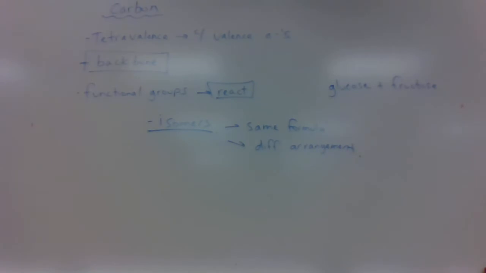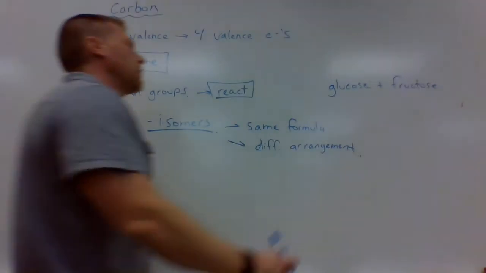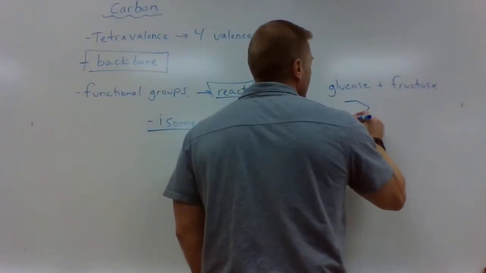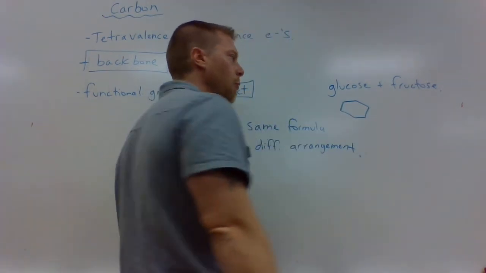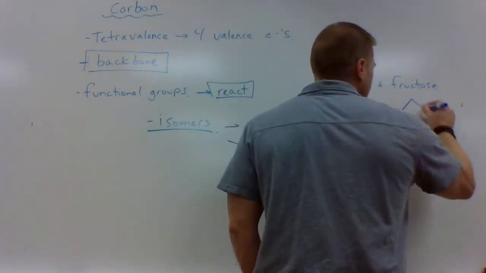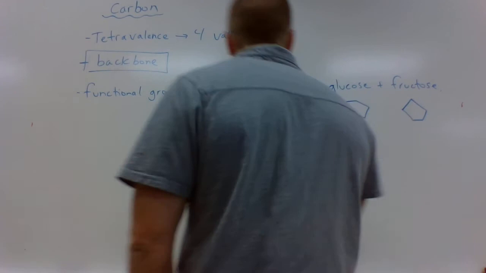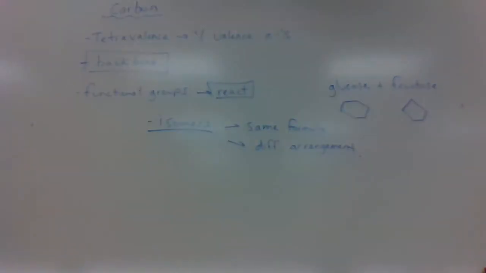If we look at glucose, it looks like a hexagon. Where if we look at fructose, it looks like a pentagon. So even though they have the same atoms, they have the same number of atoms, they have the same molecular formula, because their arrangement of atoms is different, they're going to have very, very different properties.